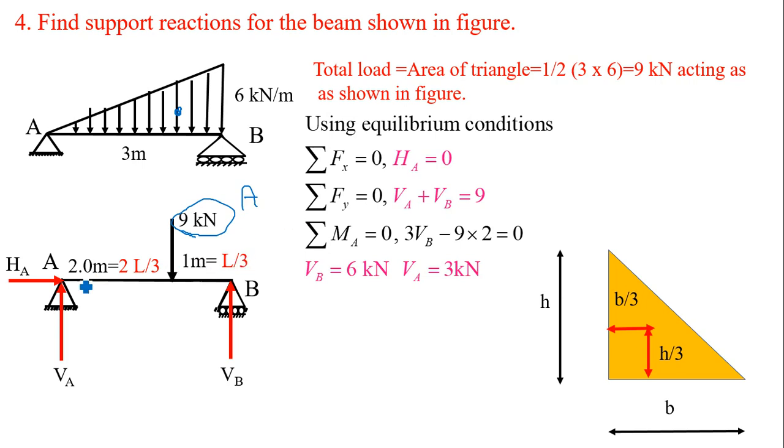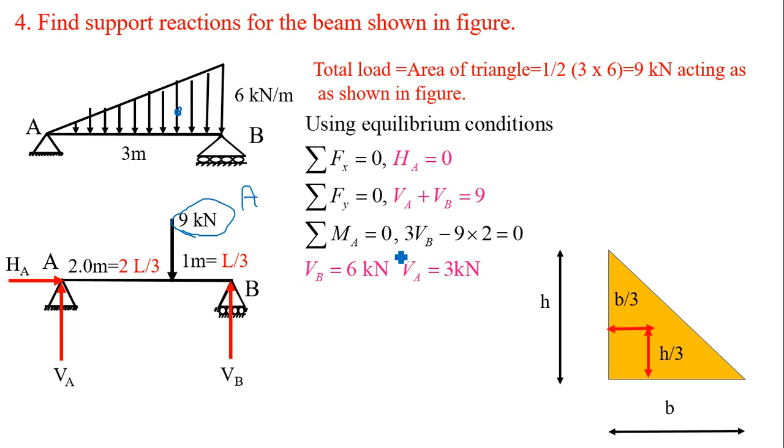Now after completing the free body diagram, applying the conditions of equilibrium, summation of Fx is 0, so HA is 0. Summation of Fy is 0, so VA plus VB equals 9.